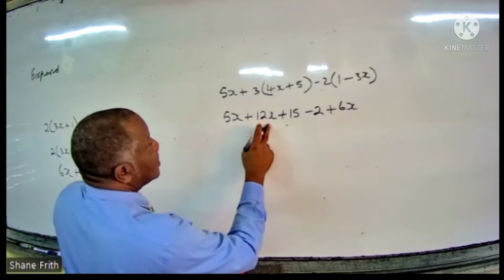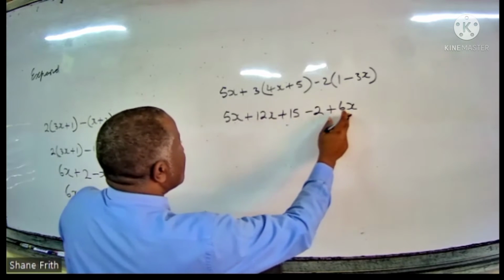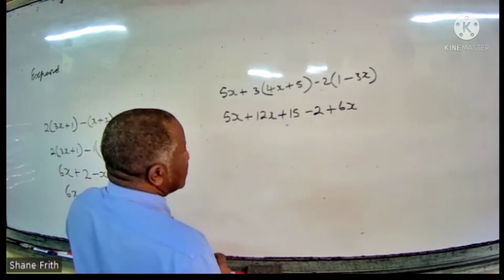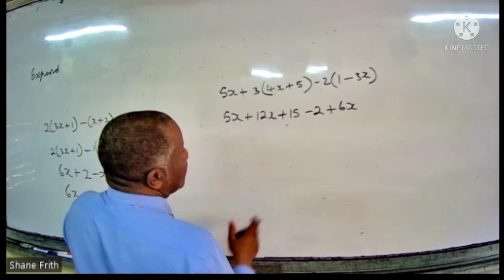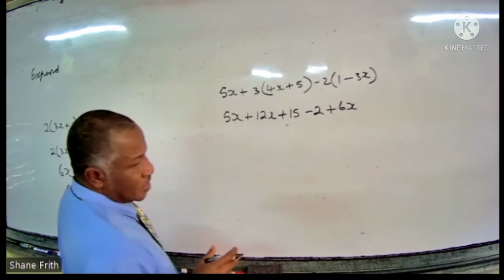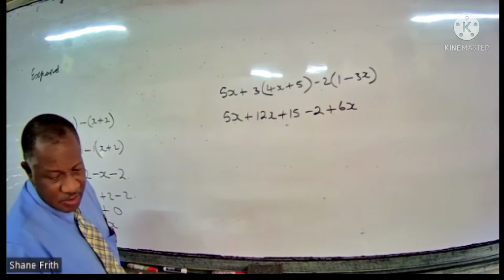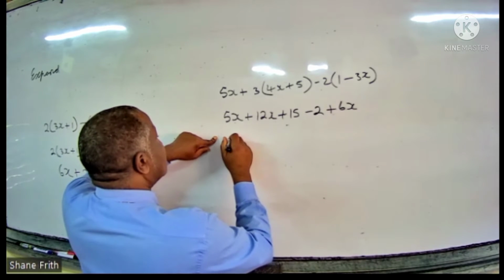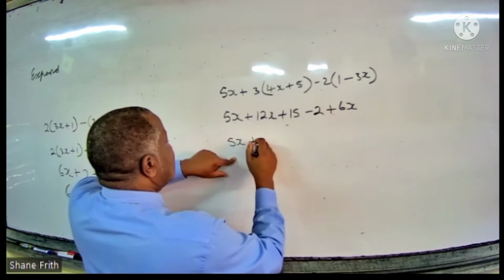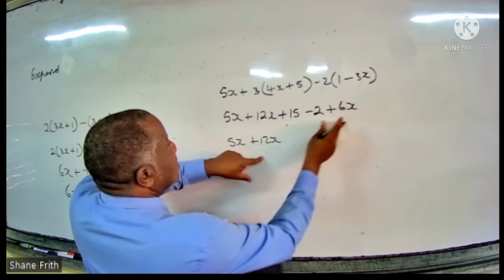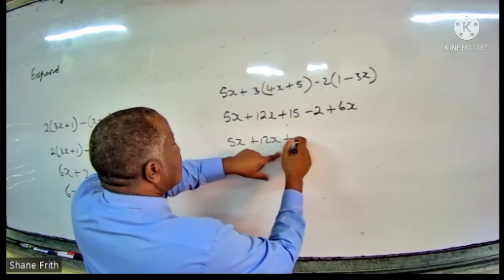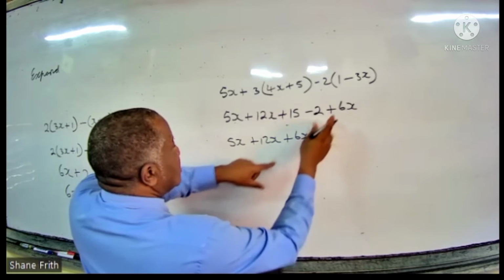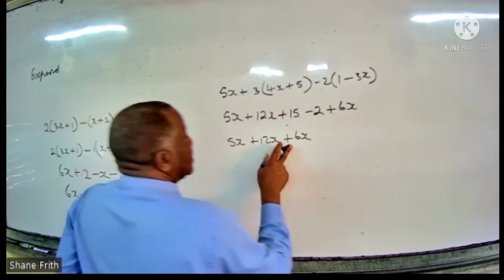I have an x here, and I have an x here. Remember now I'm just grouping terms, so if I move a term to another position, it still remains with the sign that is before it. All right, so I have 5x plus 12x. I'm going to move this to here. The group plus 6x. So it still remains as a positive 6x.